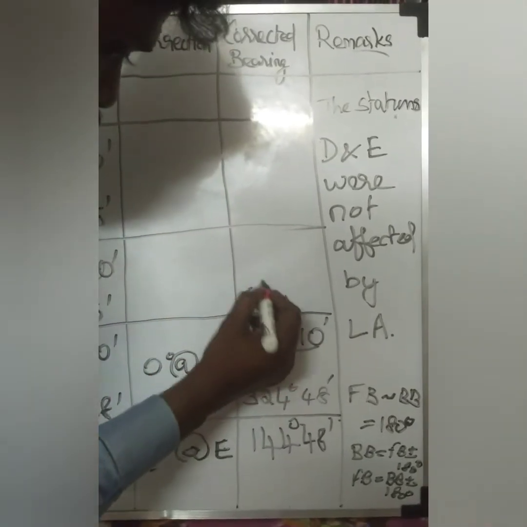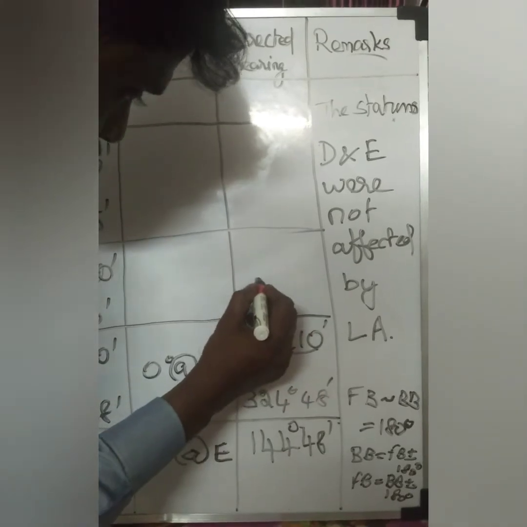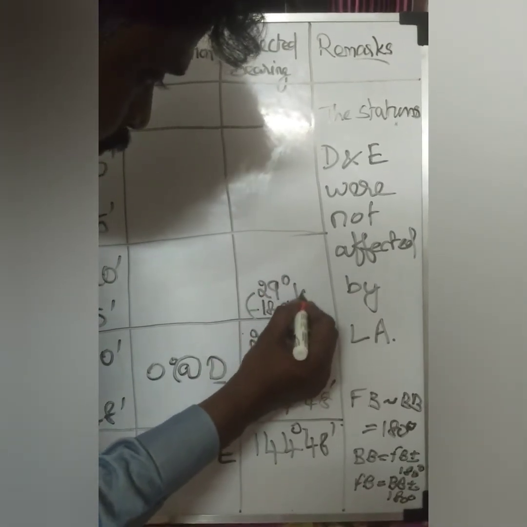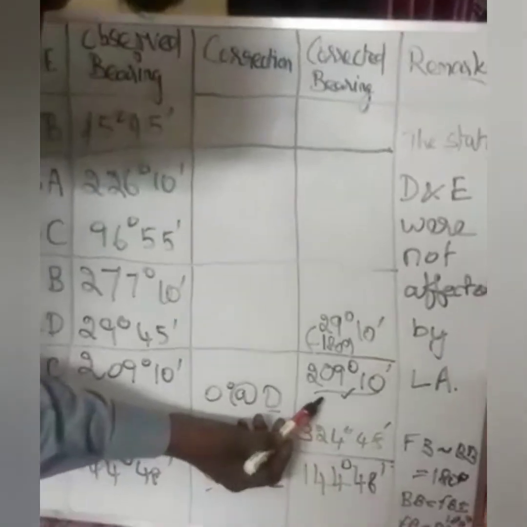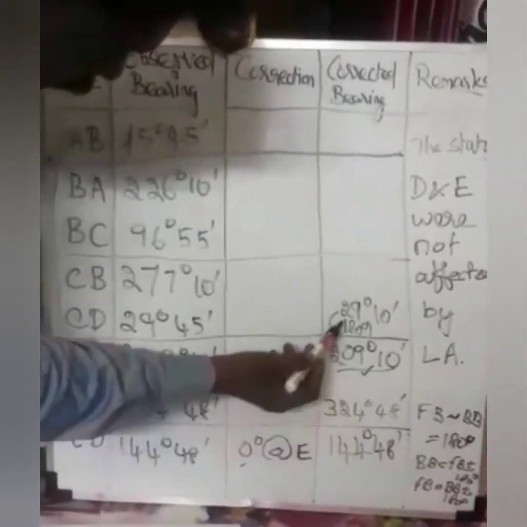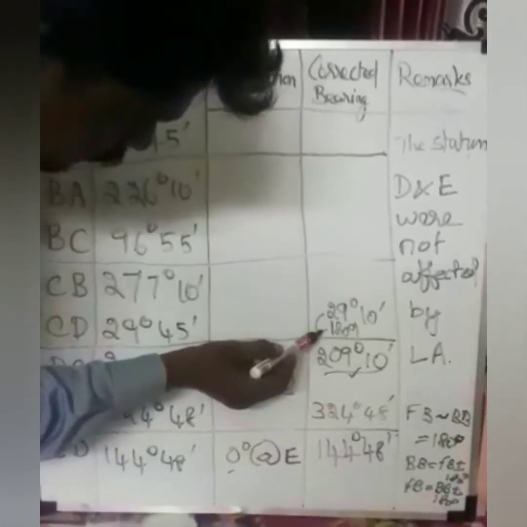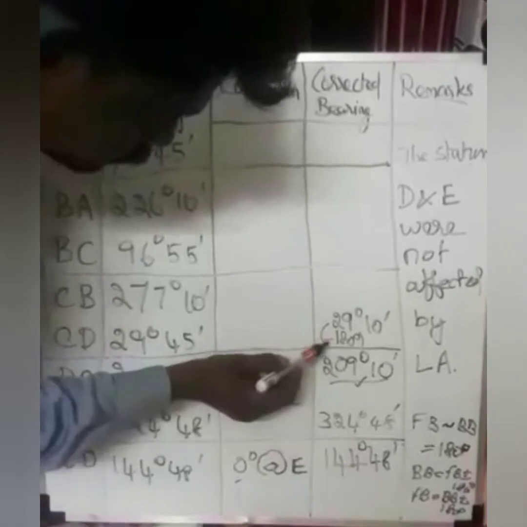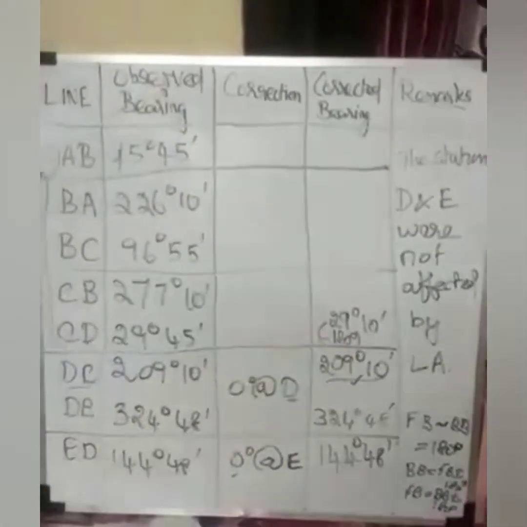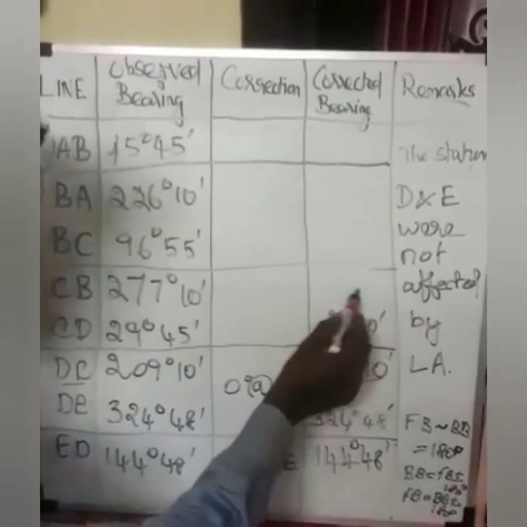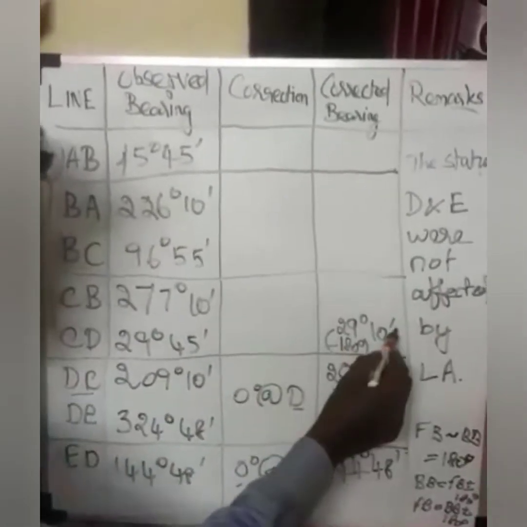So what is the corrected observation here? 29 degree 10 minutes. From the corrected back bearing we can find the forebearing. If the corrected value is greater than 180 degree, we subtract 180 degree. 209 degree 10 minutes minus 180 degree is equal to 29 degree 10 minutes. The corrected bearing of line CD is 29 degree 10 minutes.